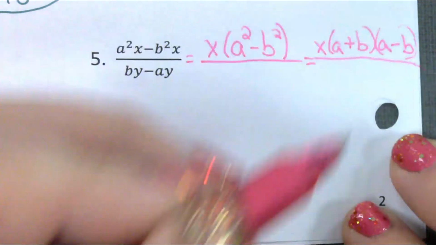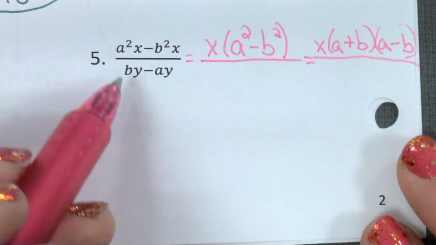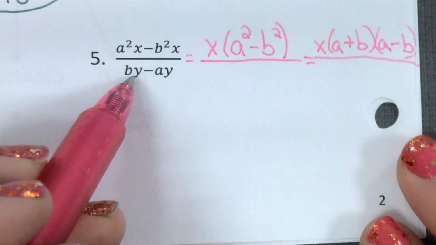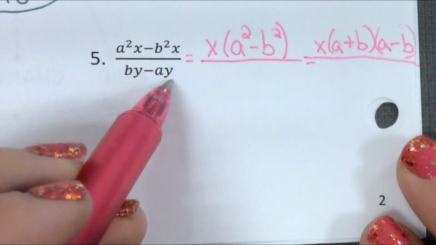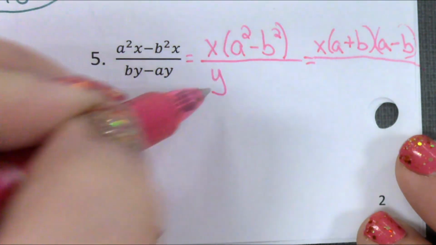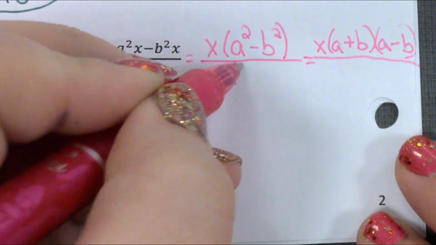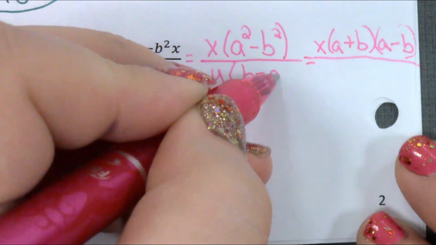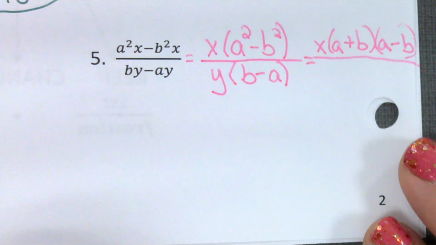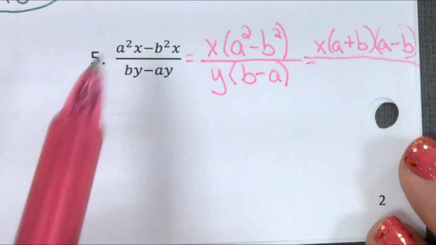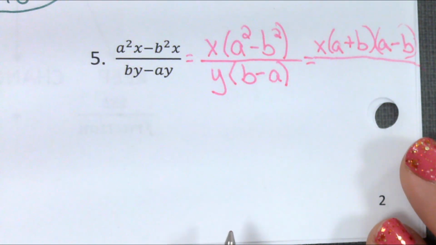For the denominator, I do have a common factor here. I have a y that can come out, leaving me with b minus a. Now, both of the ones on top, just like we saw in number 4, have a first and then b. These on the bottom have b, then a.